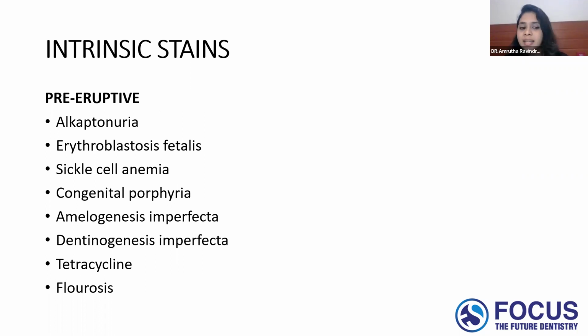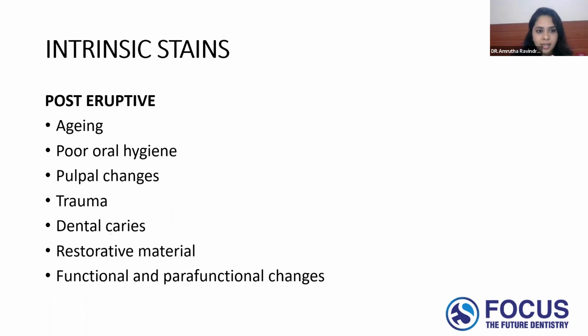Tetracycline stains have a characteristic yellowish orange to blue black color. Keep this in mind, because image based questions have been asked regarding this discoloration. And intake of excessive fluoride during eruption can also lead to tooth discoloration.